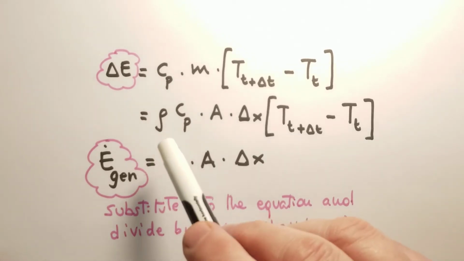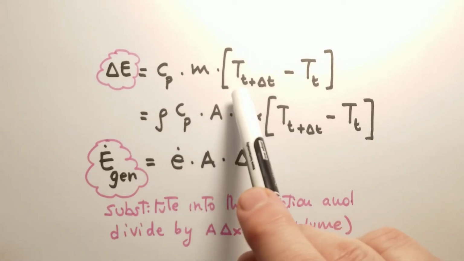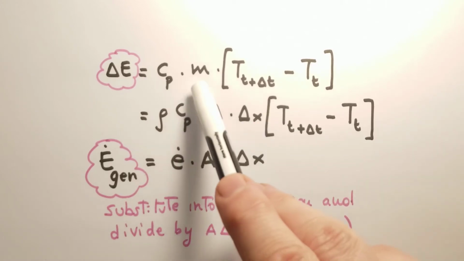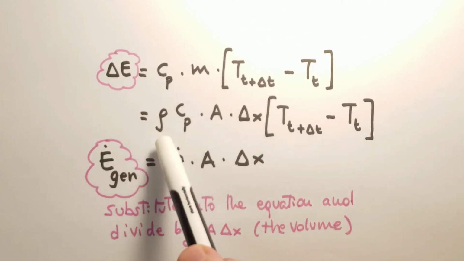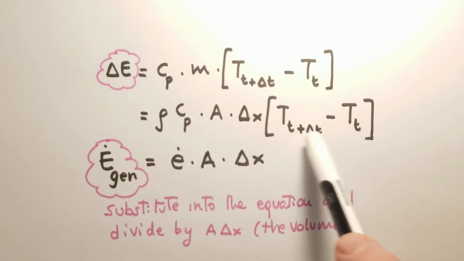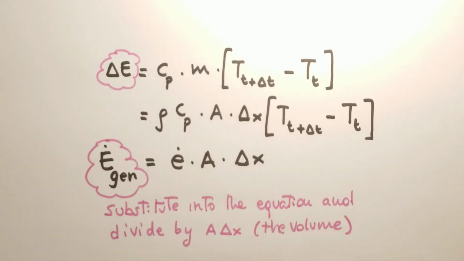Delta E is the mass times Cp times the change of temperature in that interval of time, dt, delta T. And if we write the mass as the density times the volume, which is A times delta X, this is the form of the change of thermal energy.